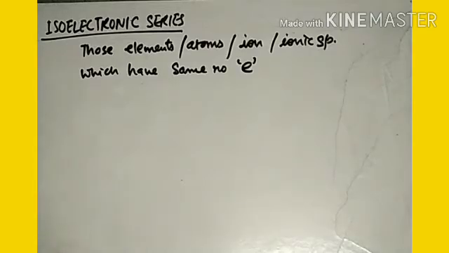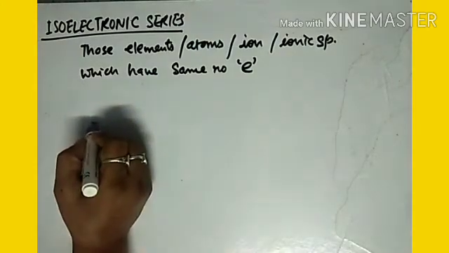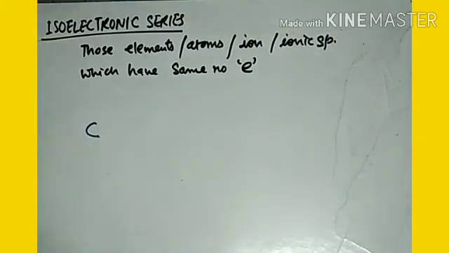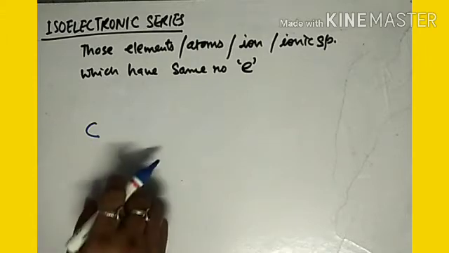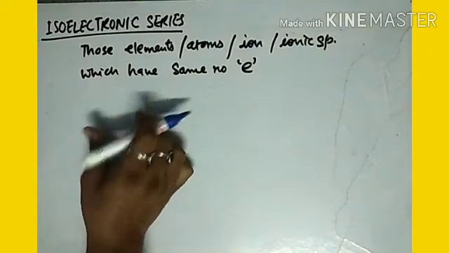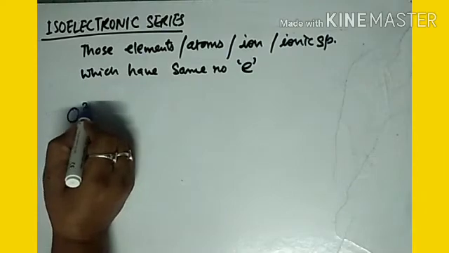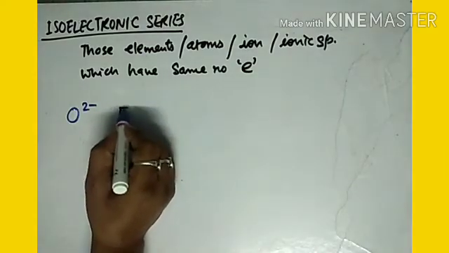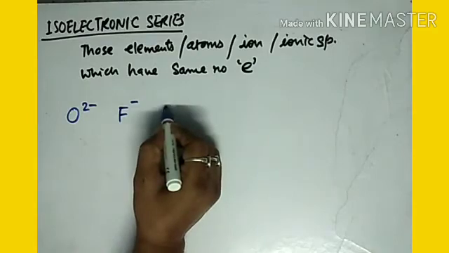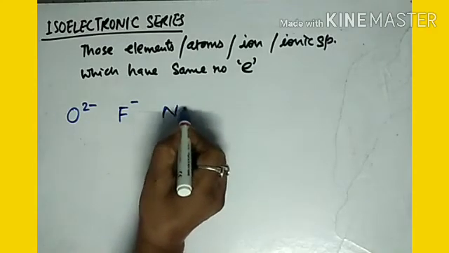We have a very simple example of it. Let's see the example here. We have carbon. We can take carbon, but another example I am just taking here. Suppose oxygen 2 negative, fluorine 1 negative, it is neon.